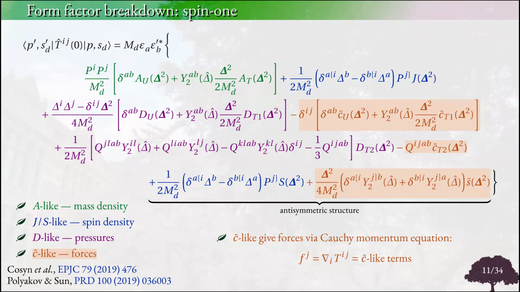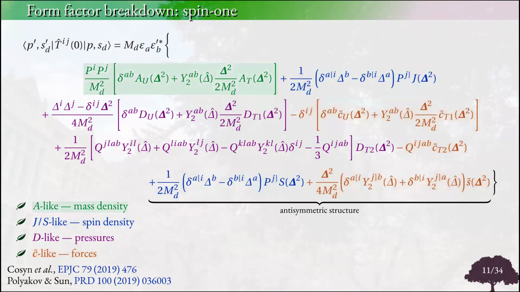For the A-like ones, the motivation comes from the presence of this factor P_i P_j. So if, for instance, you were to evaluate this in the Breit frame, this term would drop out. This term is related to just momentum densities. And in a few slides, I will get to that these two things exactly contribute to the mass density.